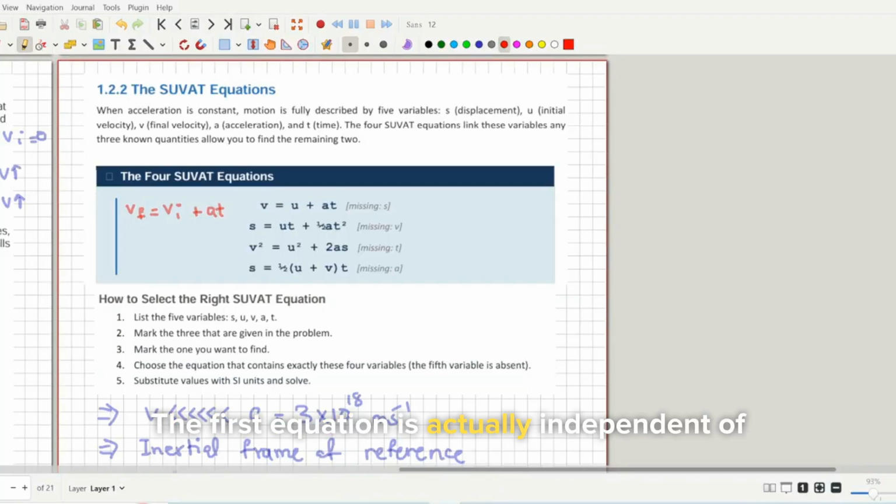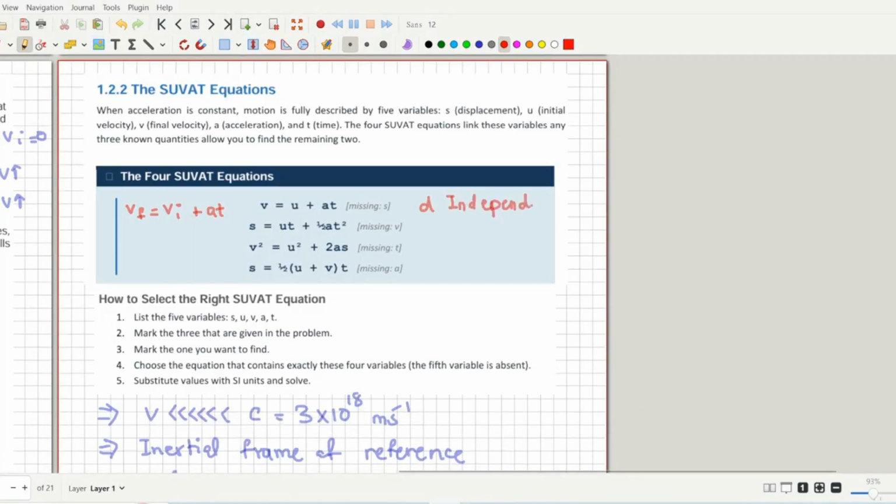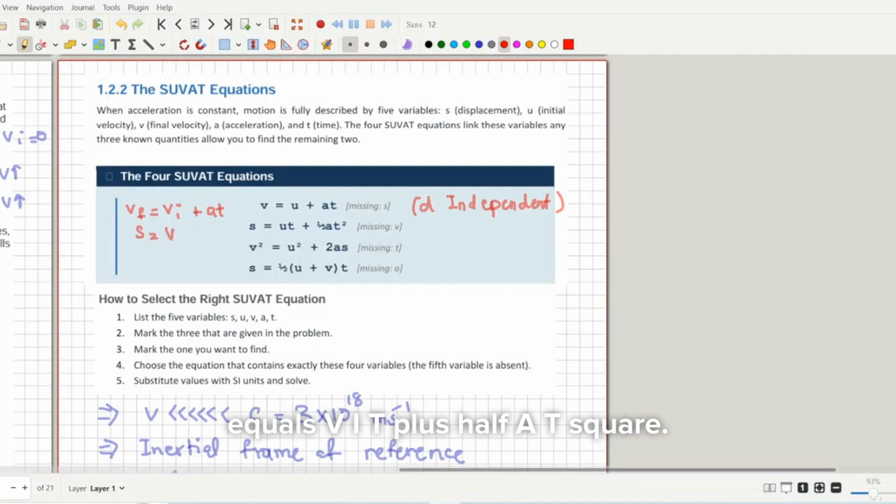The first equation is independent of distance, so you can say that this equation is distance independent. What about the second equation? The second equation is s equals vi t plus half a t square.